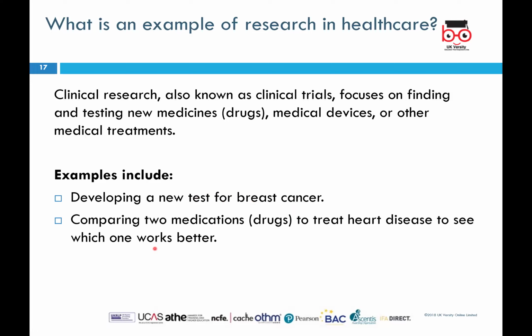Or for instance, if you're comparing two tests for breast cancer treatment, how do you know which test is the best? Because obviously you want to give the best for your treatment. You can't just say, okay, I'm giving no treatment to one group and I'm giving this treatment to the other group. No, you can't. That's unethical. In the same way, when you're treating two sets of patients with heart disease to see which drug works better.